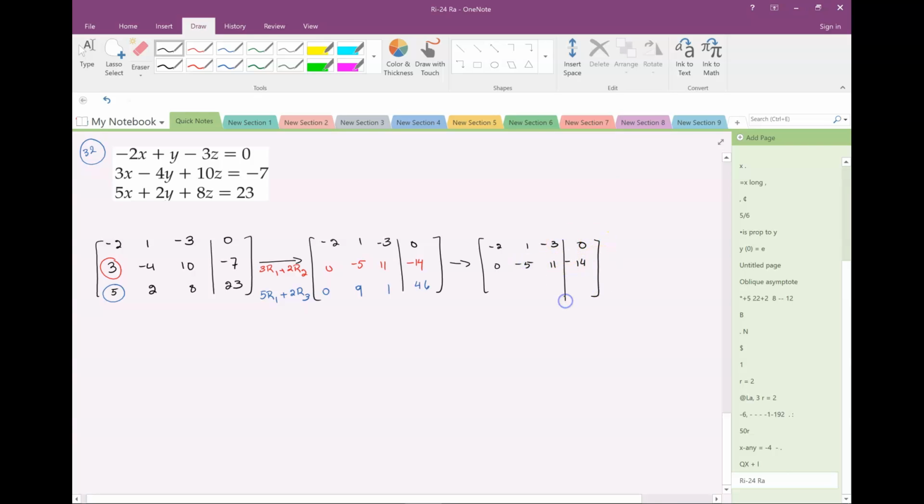Okay, we're gonna change the 9. So 9R2, 5R3. Why can't we just do 9 or 1 minus 4? That's the rule. Then you wouldn't have 0 in the bottom left corner. Exactly.